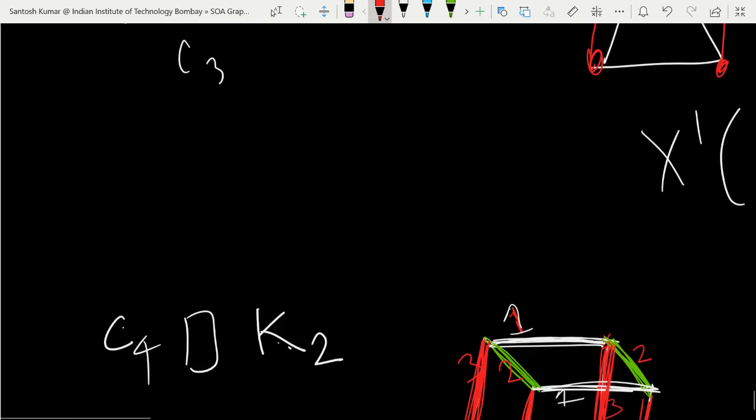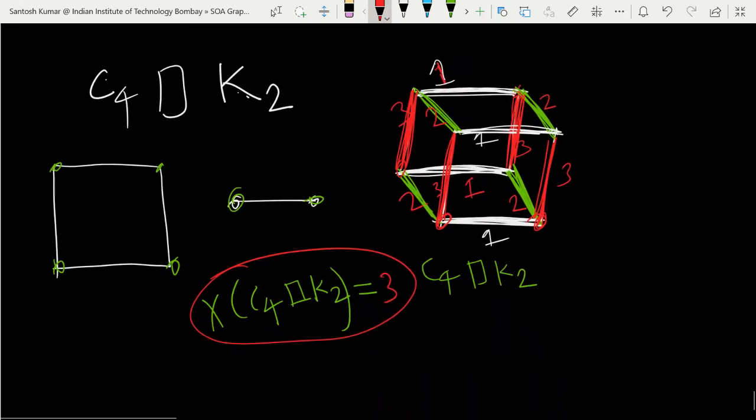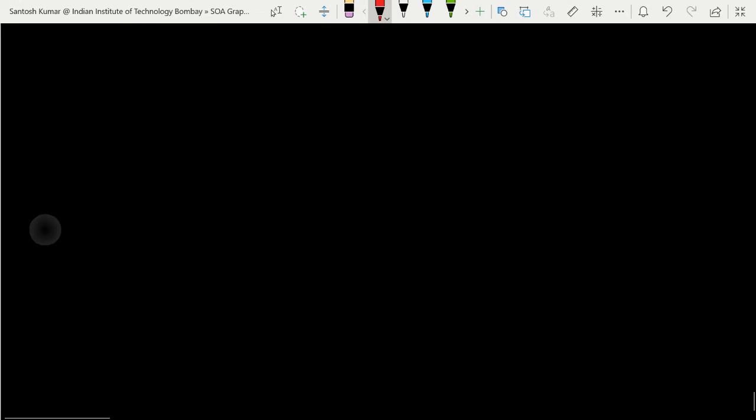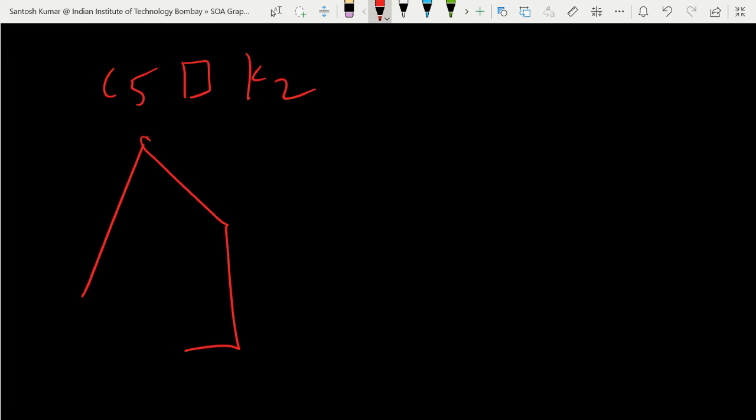So is it a coincidence or will it always be 3? Okay, do one more experiment. What if C5 Cartesian product with K2? C5 we all know, and K2 we have. So C5 has 5 vertices.